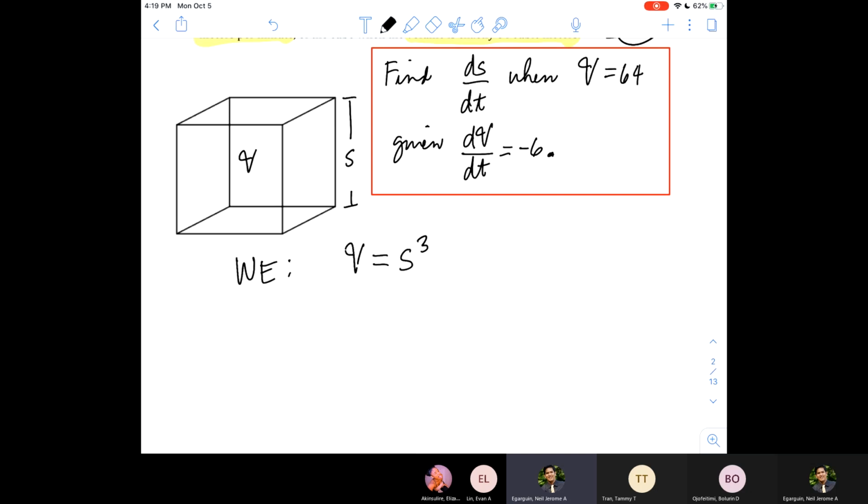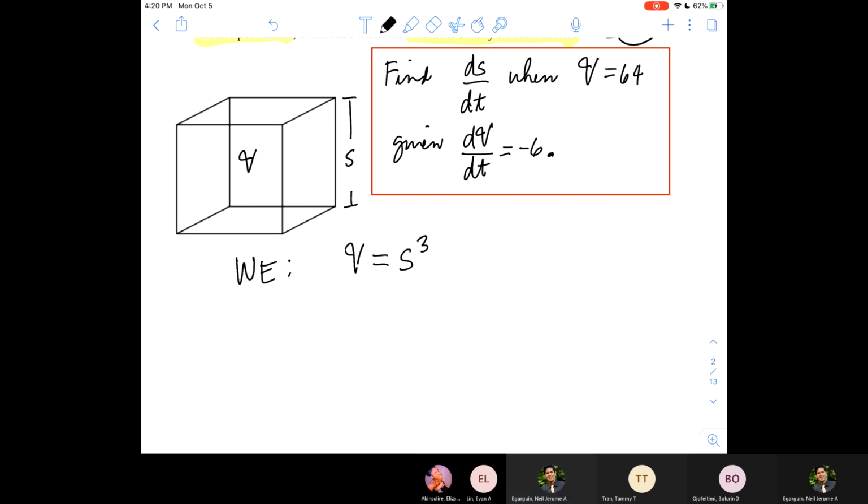On the right-hand side, differentiating with respect to t gives ds over dt, and that's perfectly fine because ds over dt is what we are looking for. So when we do the implicit differentiation, we can work with the derivatives that pop out of that expression.